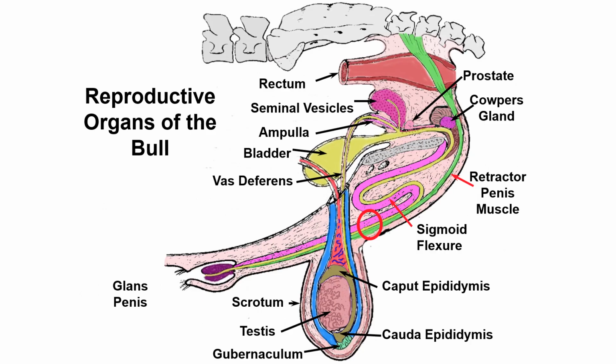So the bull has a relatively long penis. This penis has a big bend in it known as the sigmoid flexure, as shown in the figure. During erection, this flexure straightens out as more blood flows into the penis, and it elongates and becomes very rigid.